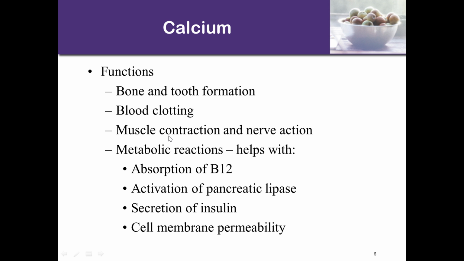Calcium helps in metabolic reactions, such as the absorption of vitamin B12, and the activation of pancreatic lipase, which helps in the process of digestion.